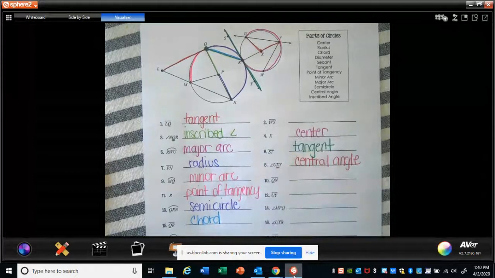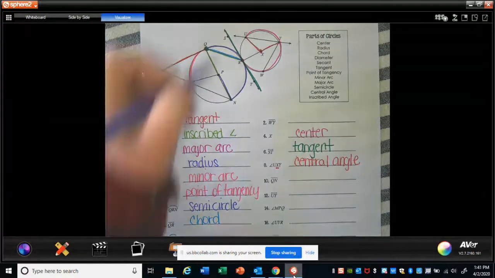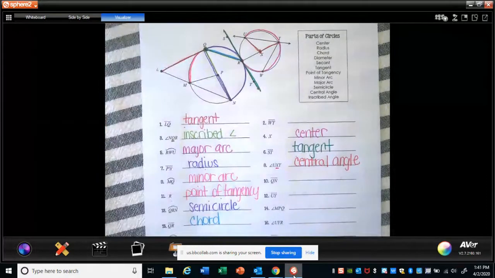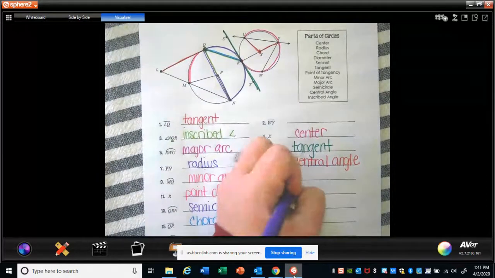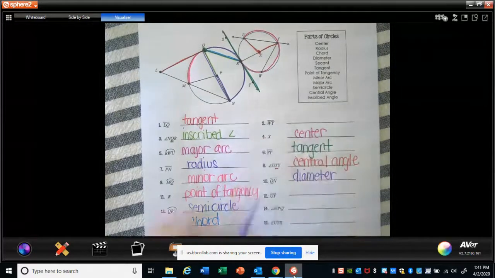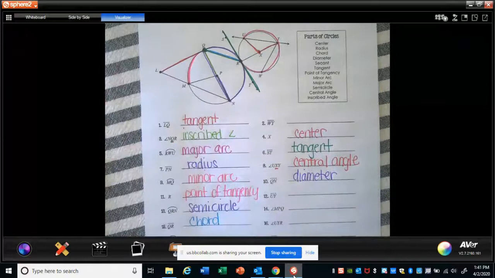All right, two more, and then I'm going to let you finish this page up on your own. We're going to look at segment QN. And right here, QN goes through the center P. We know that as the diameter. The diameter is always twice the length of the radius.